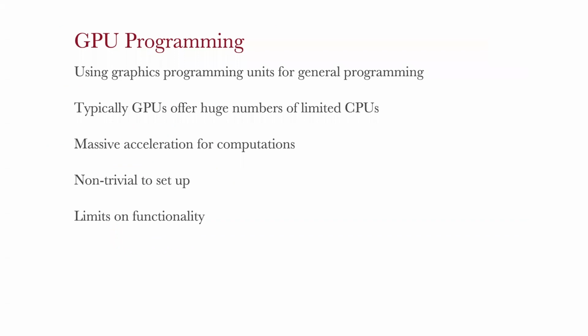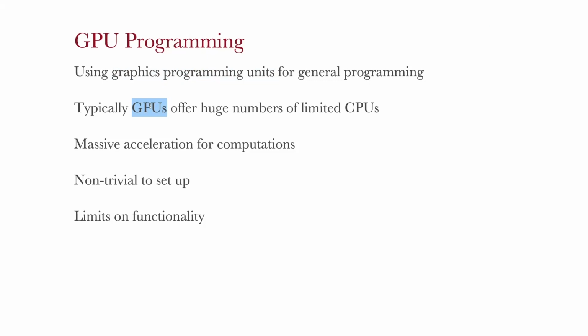Right, now I'm going to talk a little bit about GPU programming. So, just a quick rundown. GPU programming is using graphical processing units for general programming. And typically, GPUs have huge numbers of CPUs, but they're not quite as flexible.